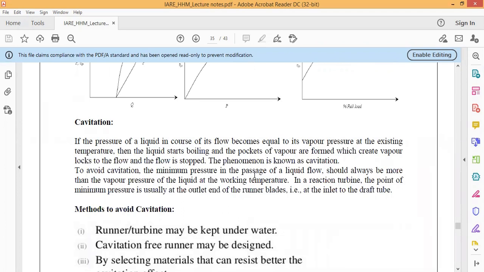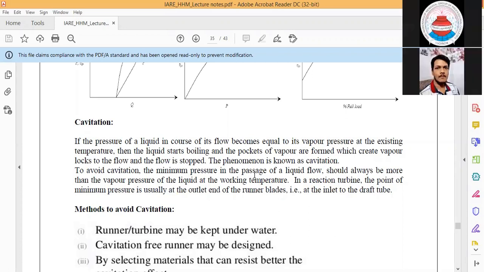If the pressure of the liquid in its flow becomes equal to its vapor pressure at the existing temperature, then the liquid starts boiling and pockets of vapors are formed, which create vapor locks to the flow, and the flow is stopped. This phenomenon is known as cavitation. To avoid cavitation, the minimum pressure in the passage of the liquid flow should always be more than the vapor pressure of the liquid at the working temperature.